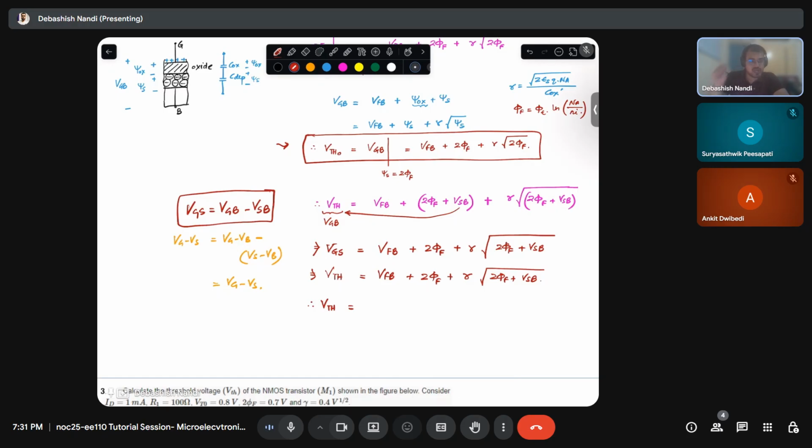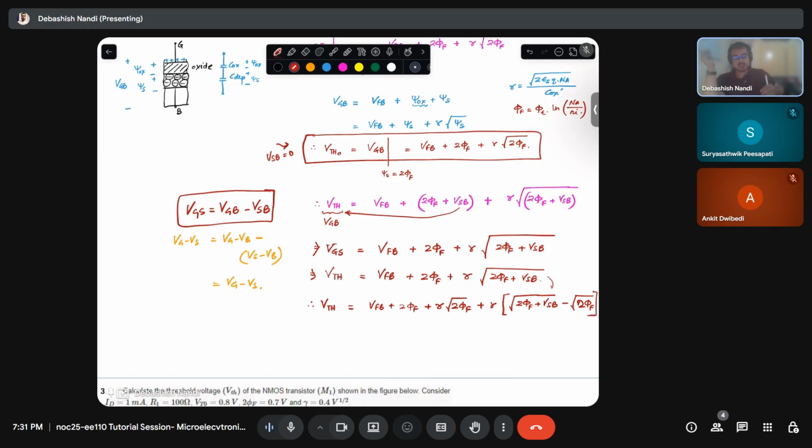Because my source and body are both connected. In this case, my VSB is equal to 0. Fine. So VTH becomes VFB plus 2 phi F plus, let's say, gamma root over 2 phi F plus gamma root over 2 phi F plus VSB minus root over 2 phi F.